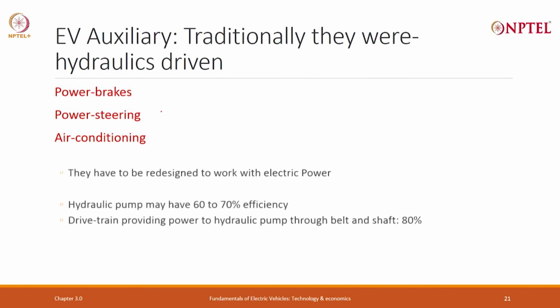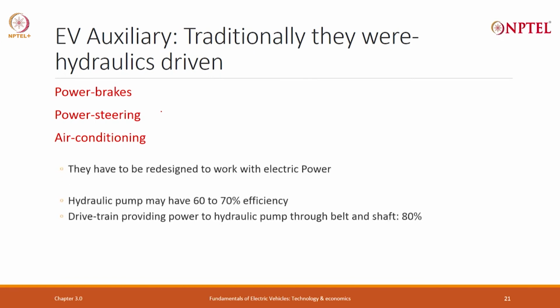Today all of them have to be working on electric power. In fact, most of the current new vehicles already have that working on electrical, but in case there is not, our future EVs will not first create mechanical force and use hydraulics to control them. So, this has to be changed.